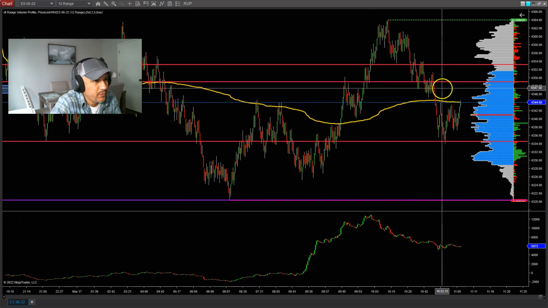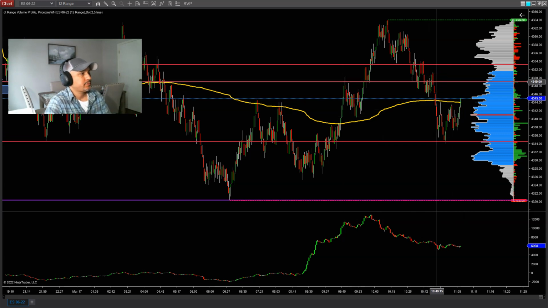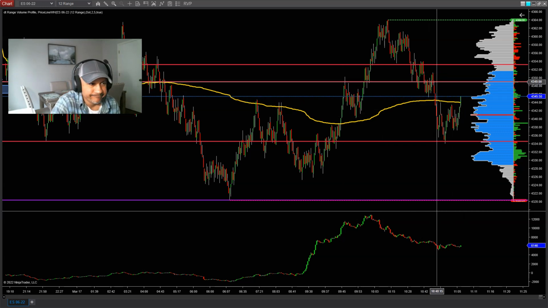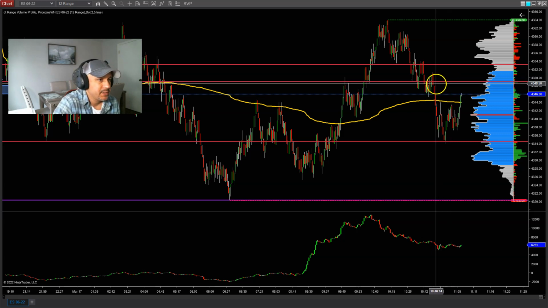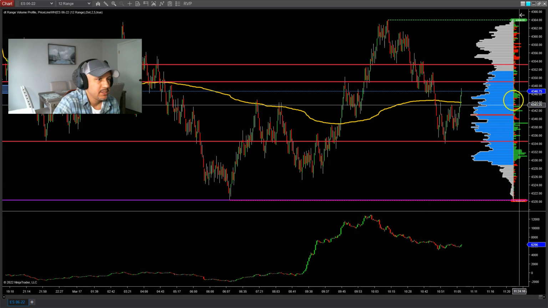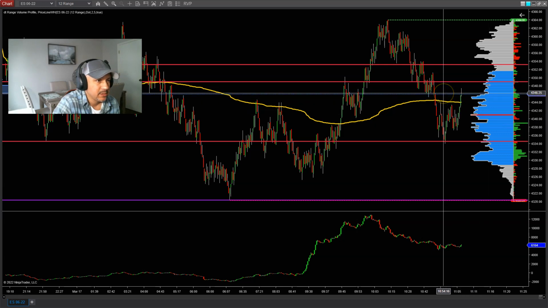So let's see if we got a little area right here, a little supply zone sitting right here, pretty much back where this red line is. You see price kind of nipping at it right now, so we'll see what happens.